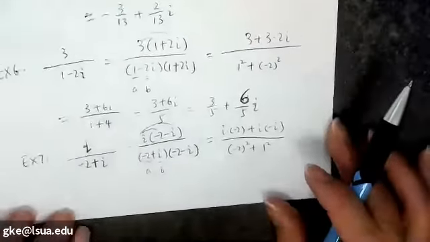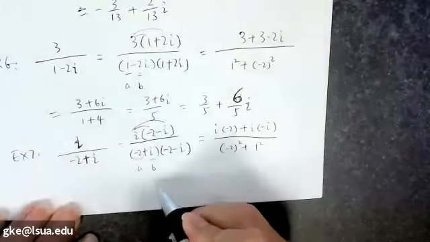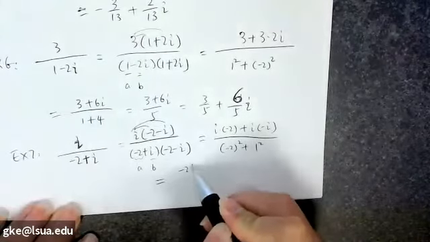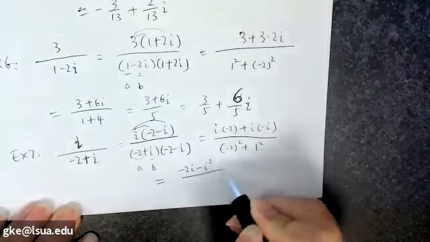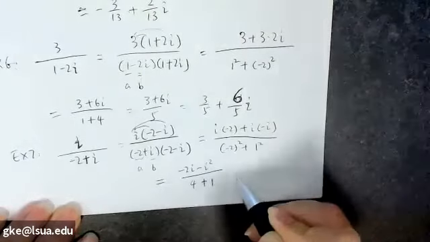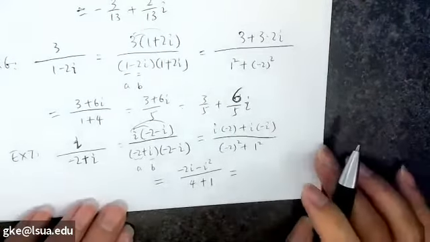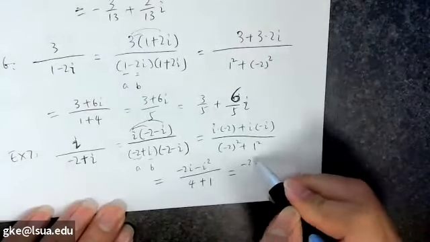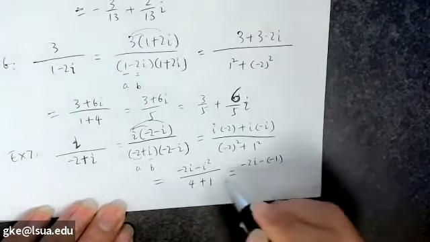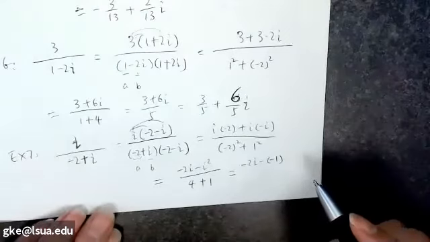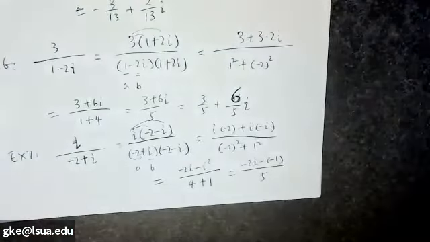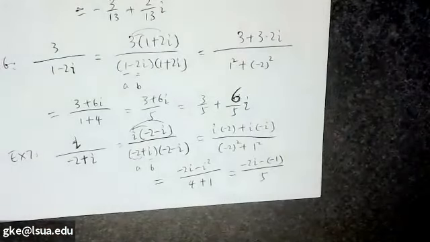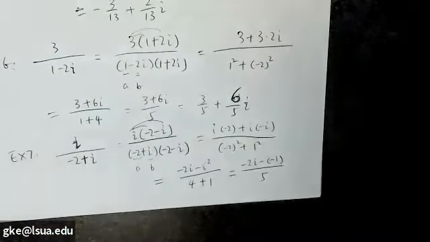So we have -2i, minus i squared. Here's 4 plus 1. Okay. -2i minus -1, because i squared equals -1. For the denominator, it's going to be very straightforward. Just 4 plus 1 equals 5.